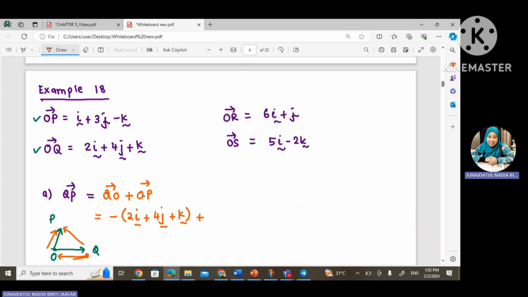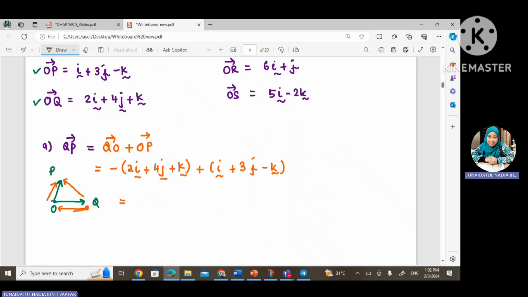And then plus vector OP, we have i plus 3j minus k. So we open the bracket, we expand the negative outside here, so we have negative 2i minus 4j minus k, and then plus i plus 3j minus k.